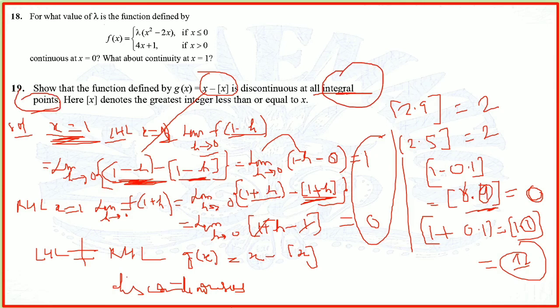This function will always be discontinuous. You can take any point 2, 3, minus 1, minus 5, whatever. This function will always be discontinuous. That's all about this question.